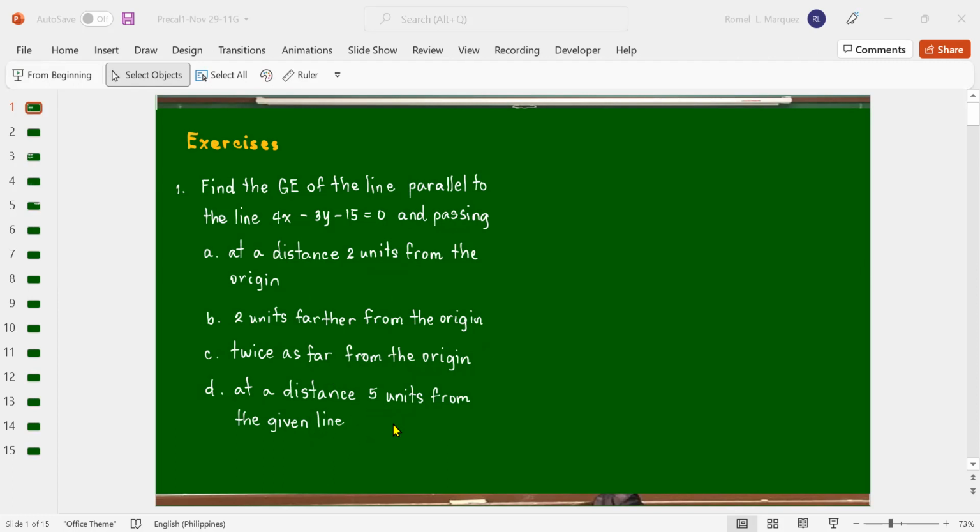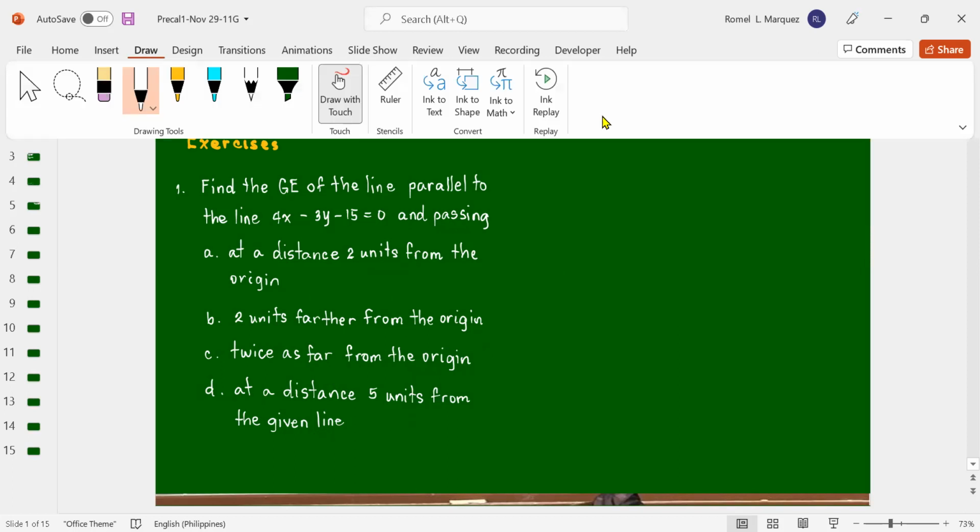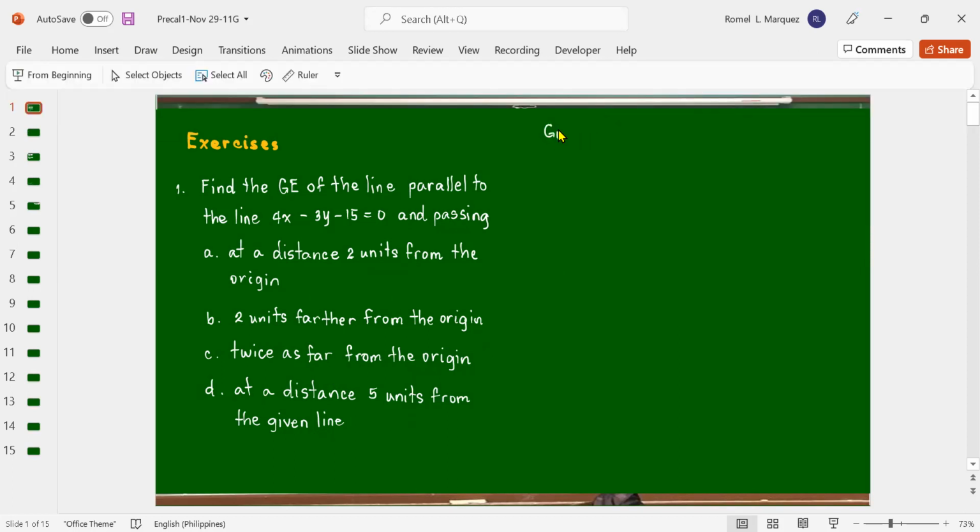Clear, children? So you have, first, let's illustrate the problem. So the line given, we have 4x minus 3y equals 15. So let us use the tabular method to draw the graph of this.